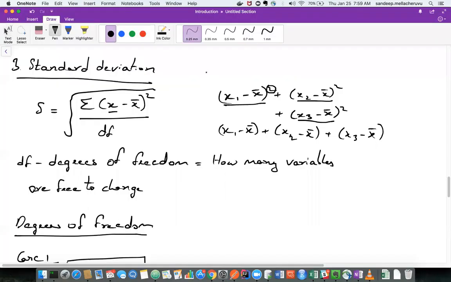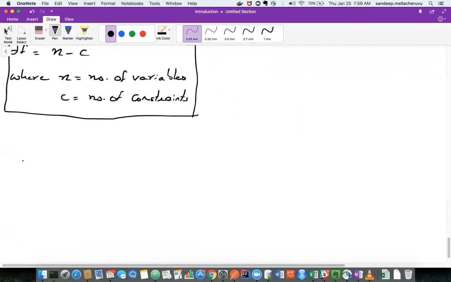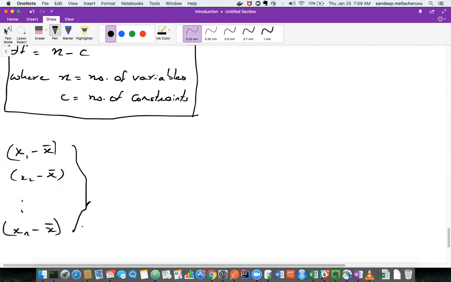What I am doing here is sigma x minus x bar, right? Till now I took x1 subtracted from x bar, x2 subtracted from x bar, and so on, xn minus x bar, and I did a sum of all these.